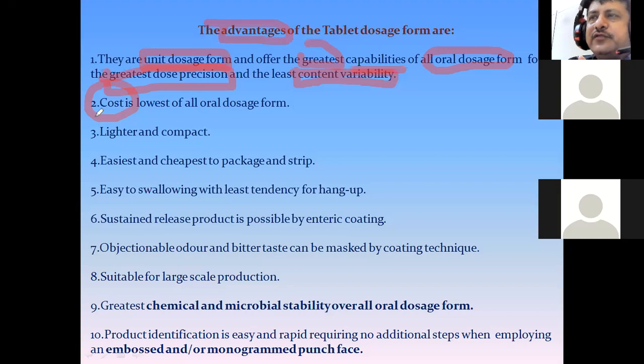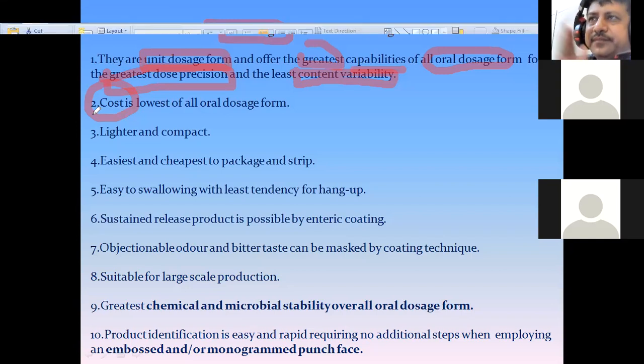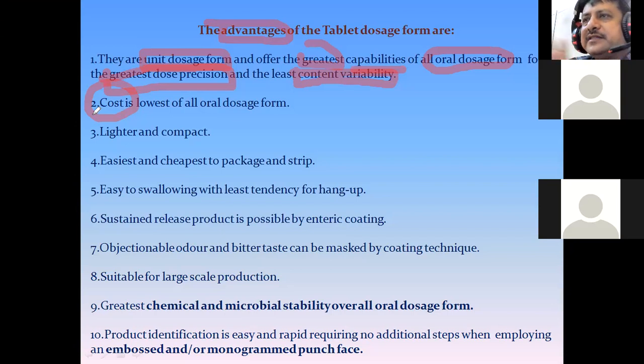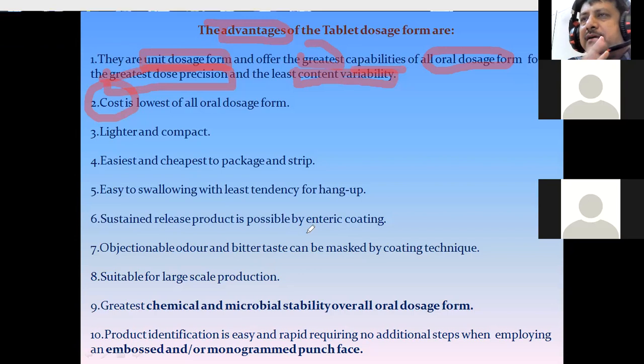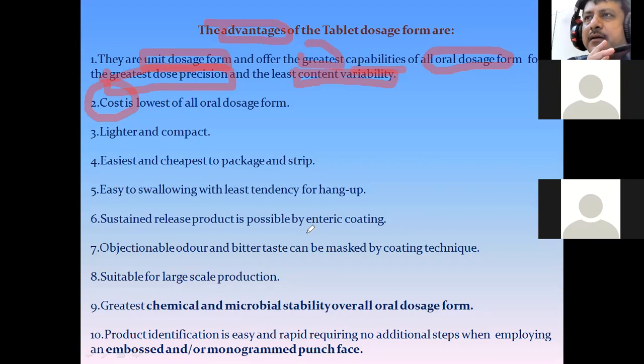It's quite obvious: if you take a strip of tablets and compare it with a single injection, you will find that on average the whole strip costs half the rate of the injection, even for a normal upper respiratory tract infection. This is very important for a normal human being. Cost has a very big impact on the overall compliance of a medicament.